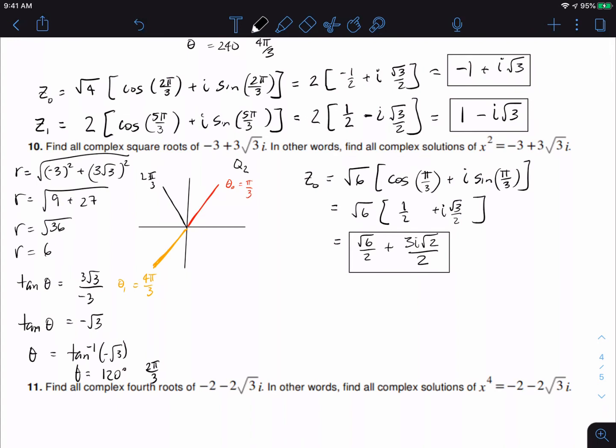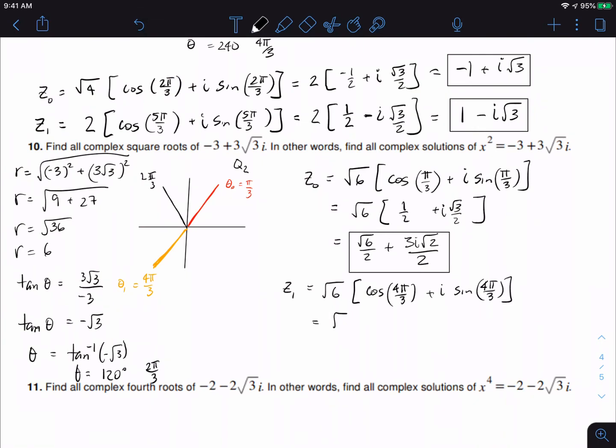Okay. All right. So Z1 is going to be equal to radical 6 cosine of 4 pi over 3 plus i sine of 4 pi over 3.